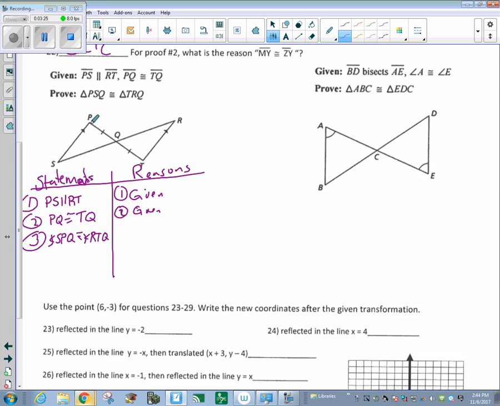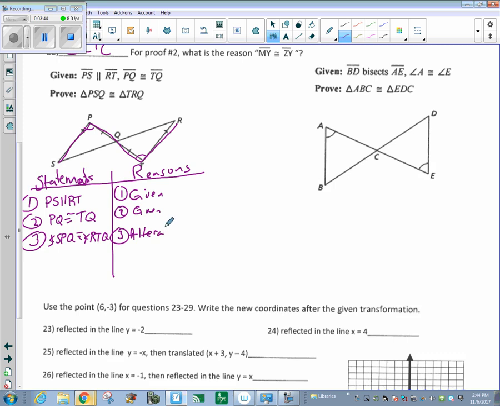So SPQ would be this angle here, and RTQ would be that angle there. And that would be the reason, remember we talked about this earlier, the N or the Z shape, and when we have parallel lines, that makes those guys alternate interior angles.